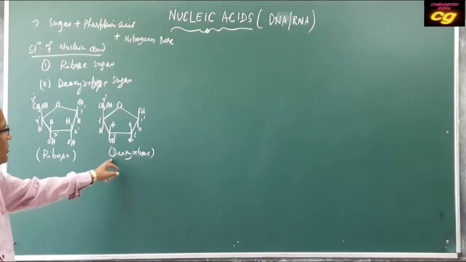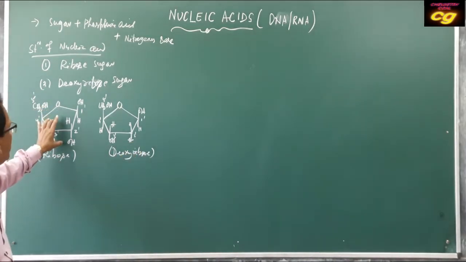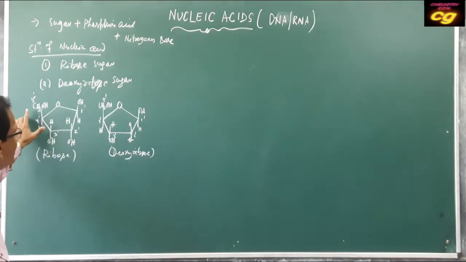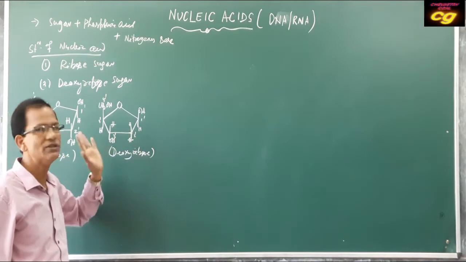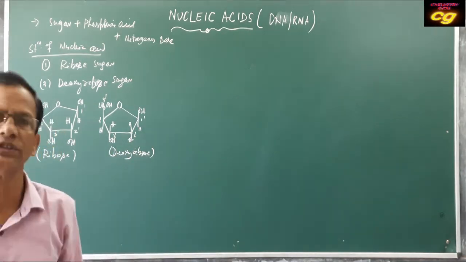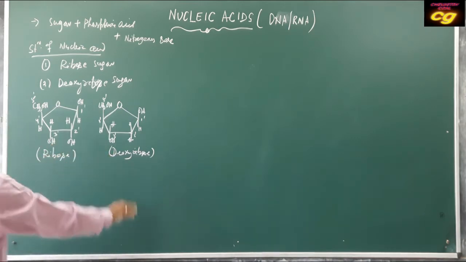That's why it is called deoxyribose. This is ribose sugar containing 5 carbon, and this is deoxyribose, at carbon number 2 there is no oxygen. Two types of sugar, ribose and deoxyribose.